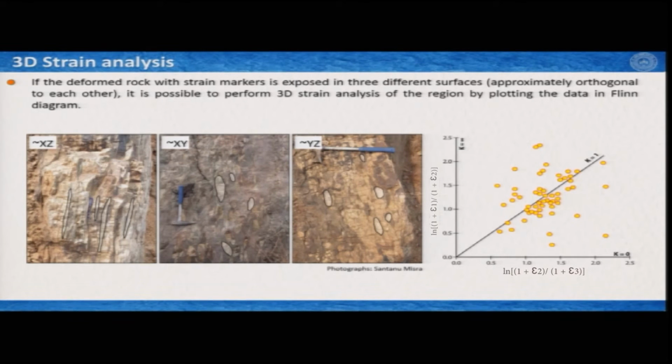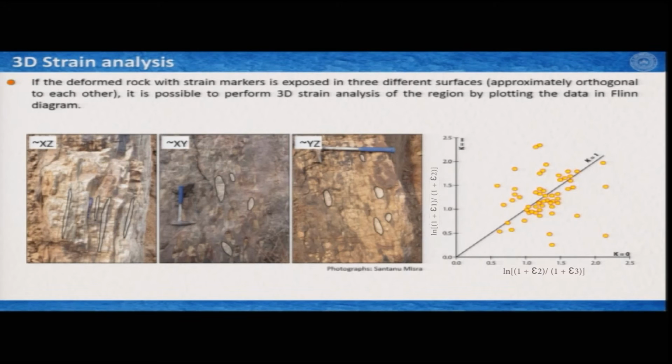Now, here I have 3 photographs from a place we commonly go to with our students for undergraduate field training. This is near the Singhbhum shear zone, behind the Rakha mines, and there you have a marker layer of deformed conglomerates, and this place nicely exposes the 3 different sections.